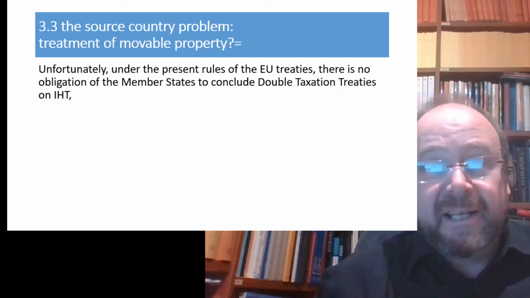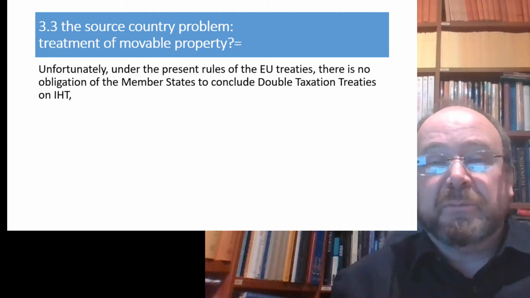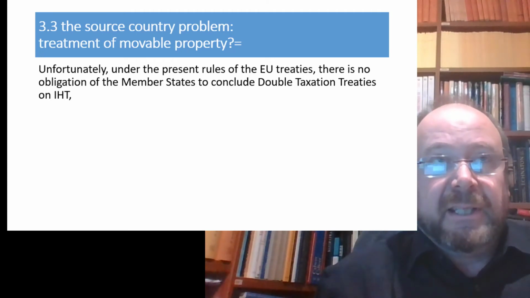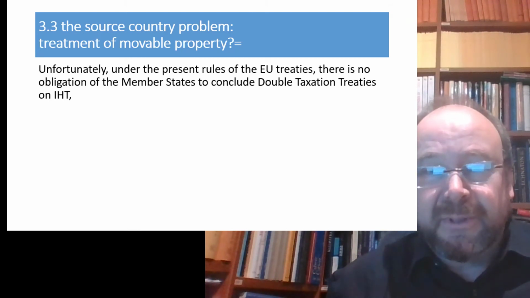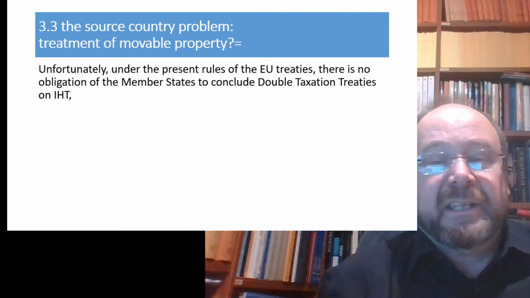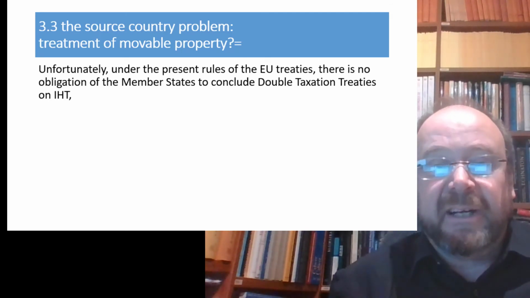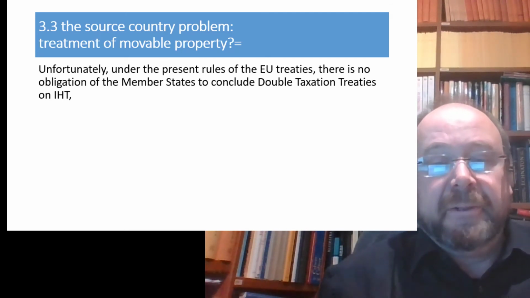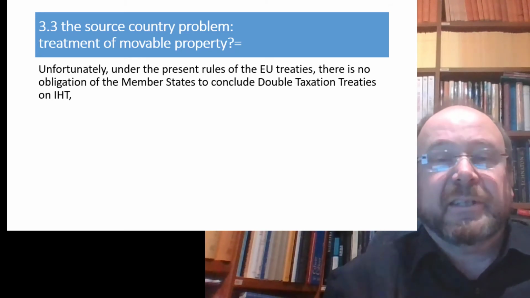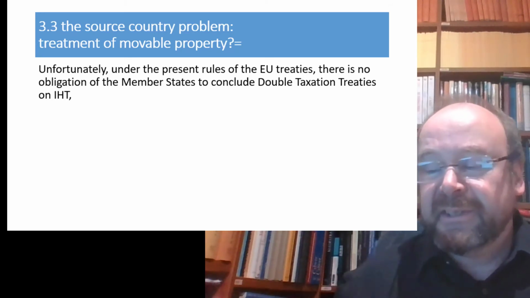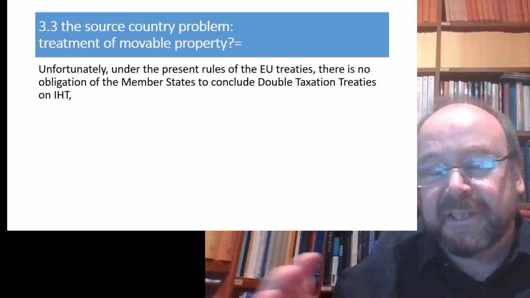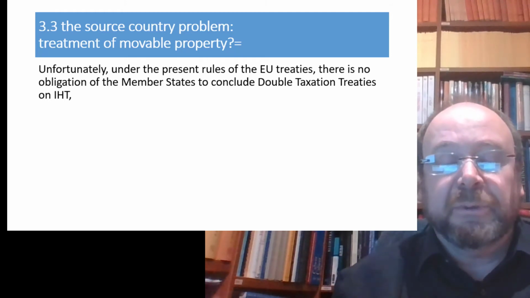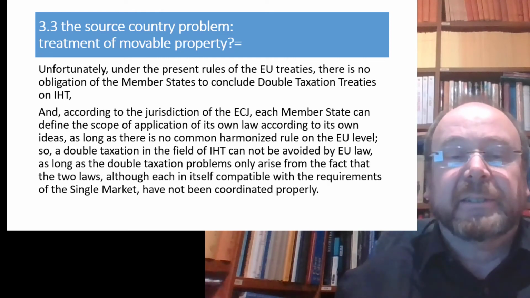That is highly problematic because more and more cross-border relations bring along the problem that more and more cross-border inheritances are going to happen, and there will be more and more cases where we have movable property claimed by 2 states as inland property, or similar constellations where there is no double taxation treaty, or where there is no unilateral avoidance of double taxation granted.